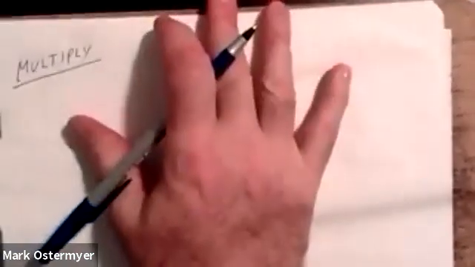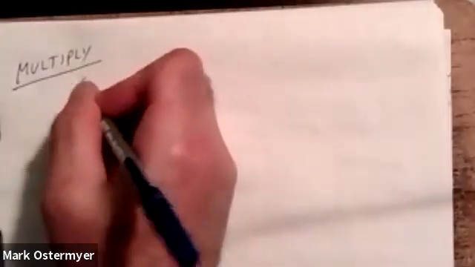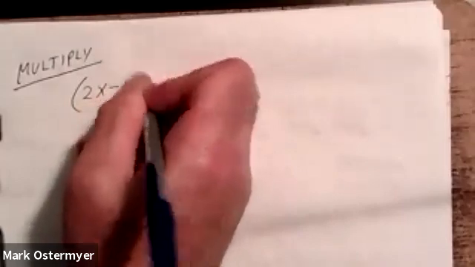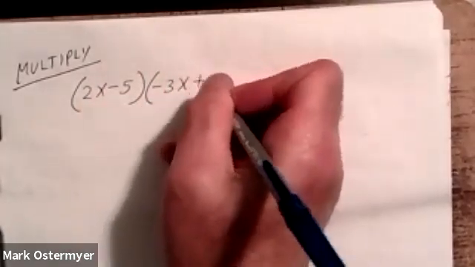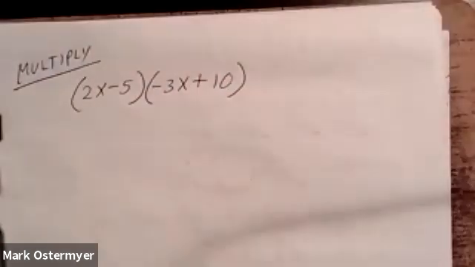All right, let's try to multiply a couple more binomials together. If I have 2x minus 5, and I want to multiply that by negative 3x plus 10, I want to multiply these two binomials together.